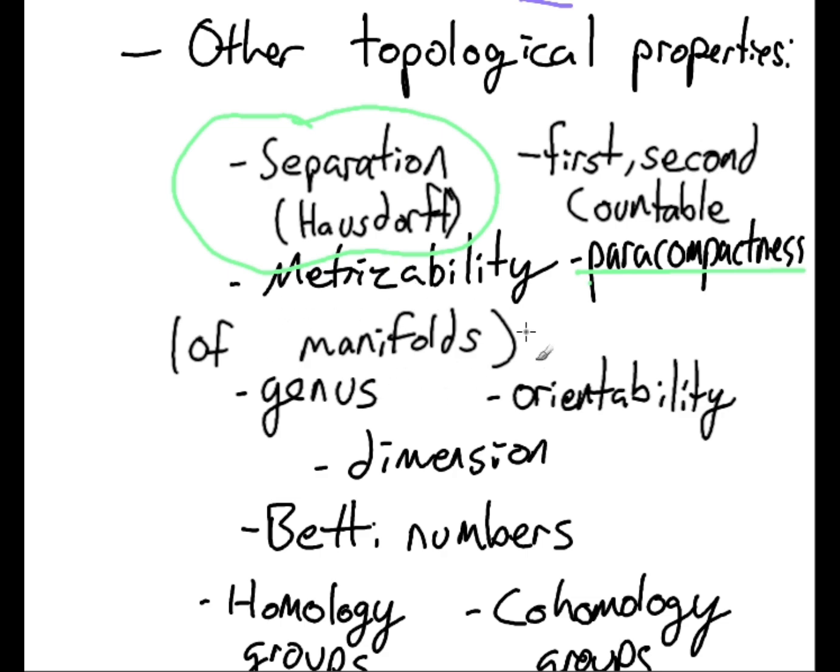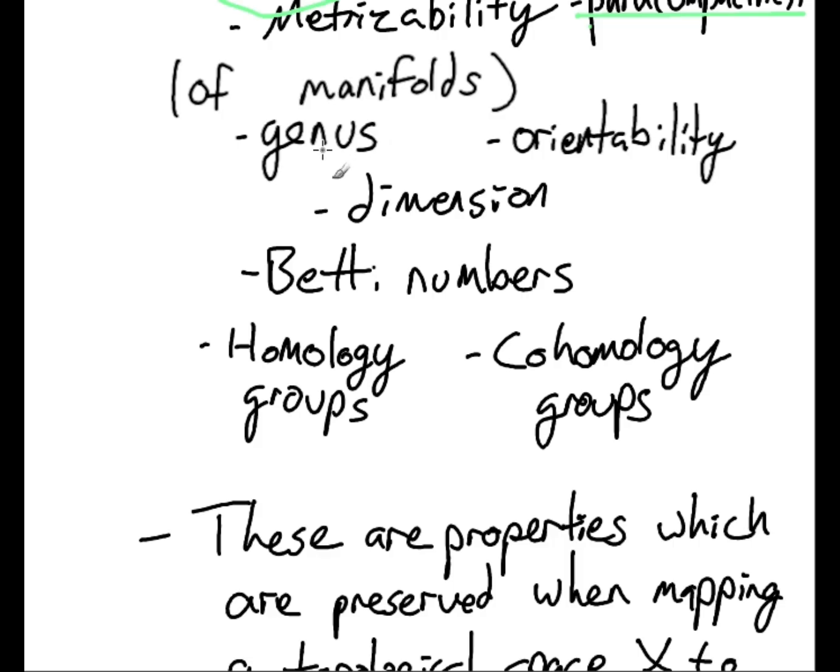Once we start talking about manifolds, there are other topological properties that are more specific to manifolds. Genus, the number of holes. Betti numbers, more general than the number of holes. We can talk about the number of voids trapped, like a sphere has some points trapped by the outside that we don't really have access to.